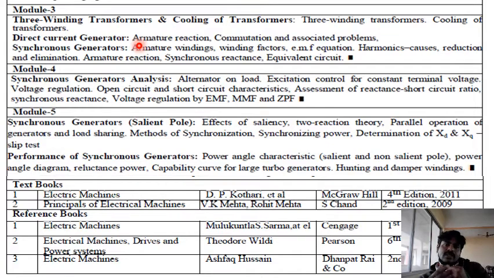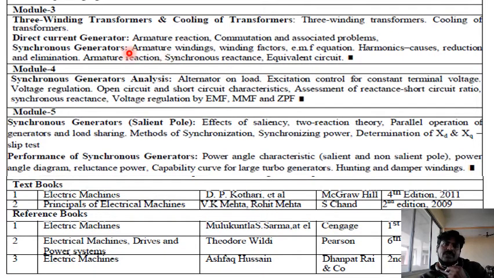Already you studied some basic aspects related to the DC generator in the previous semester, that is constructional features, operating principle, applications, and types of DC generator. Here you are going to study armature reaction, commutation and associated problems.